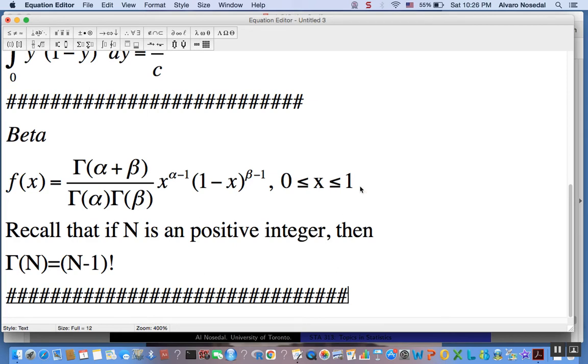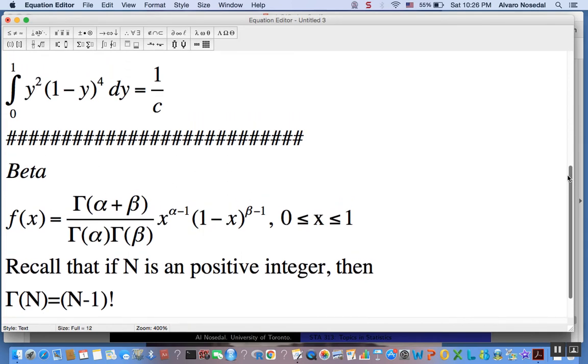So now I want you to compare the expression of the PDF of a beta distribution with parameters alpha and beta with the one that we have here, right? So we have the argument of the function, in this case x, in that case y, to the power something times 1 minus the argument of the function to another power, and the interval of interest is the 0, 1 interval.